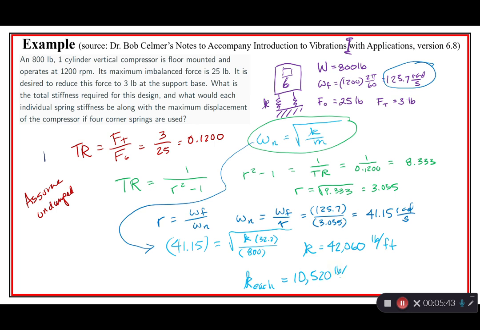And then, therefore, we could divide by 4 and get 10,520 pounds per foot. But actually, springs in US units should come in pounds per inch, so we would want to divide that by 12 and get 877 pounds per inch.